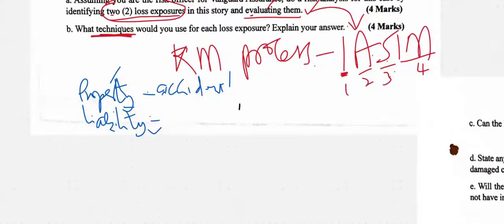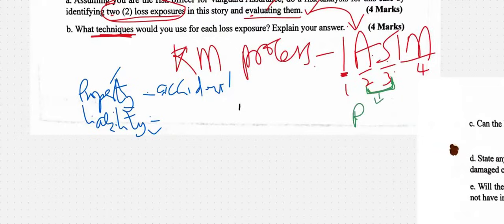Of these four stages of the risk management process, the second and the third stages, you would use what is called a risk management mapping or matrix.